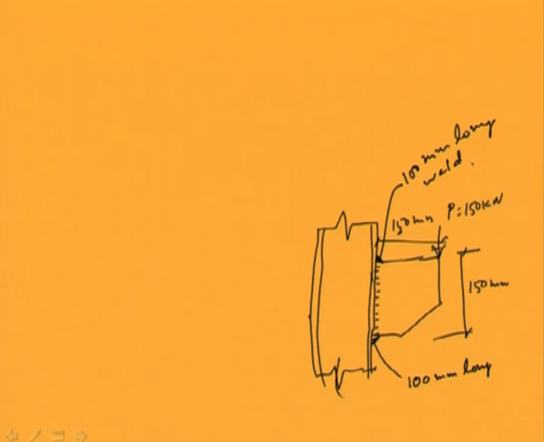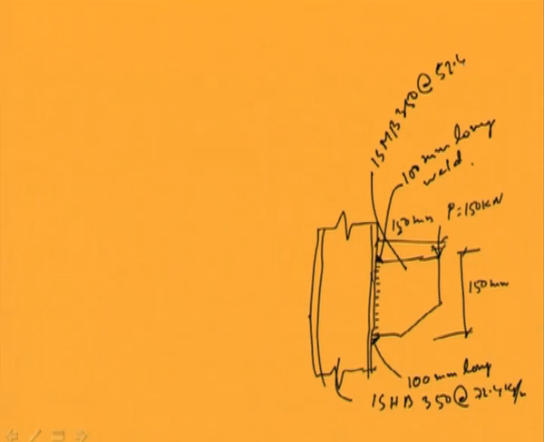Now, the size of the column is ISHB 350 at 72.4 kg per meter, and this is ISMB 350 at 52.4 kg per meter.